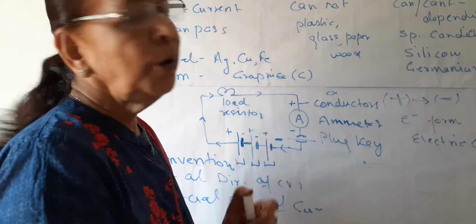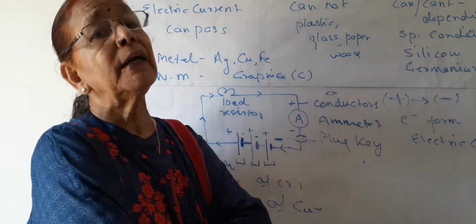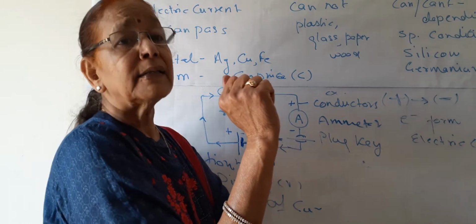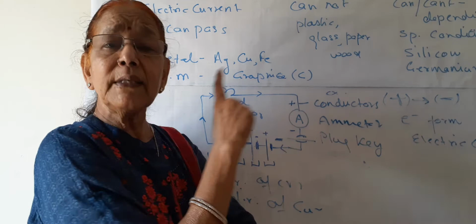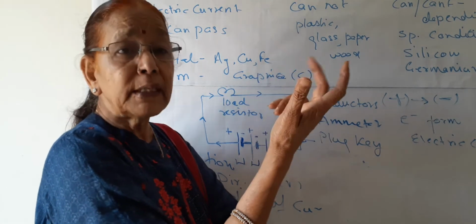Why is this so? Because at the time when this current was discovered, electrons were not discovered, and scientists thought that the current which is moving inside the conductor is due to protons or positive charges.